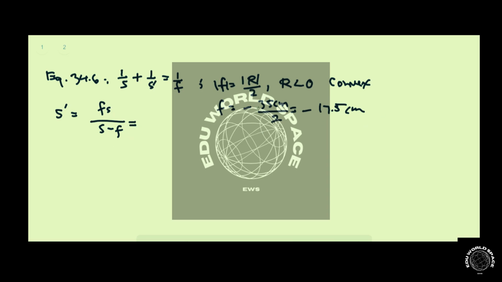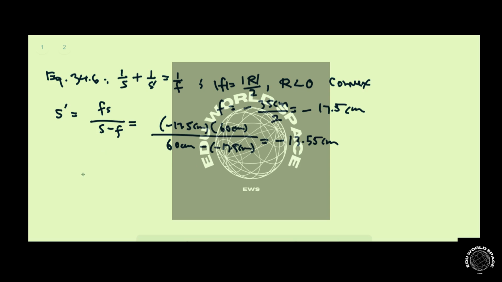We just computed f here, so that is minus 17.5 centimeters, and s we were given is 60 centimeters, and then we have 60 centimeters minus minus 17.5 centimeters, and this results in minus 13.55 centimeters. So that is where the image is formed.